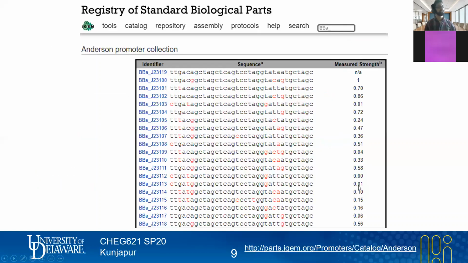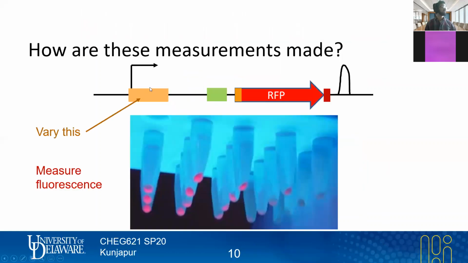How do they get these measured strengths? One thing that's really convenient about characterizing genetic parts associated with transcription or translation is that you can just couple them to a fluorescent protein. And so if you recall this diagram from, I think, our first homework assignment, all you need to do is vary the promoter region on, say, a construct, a certain cassette within a plasmid. You'd want it to be constitutive in this case, so that there's nothing else interfering, relatively speaking, with the production of this protein.